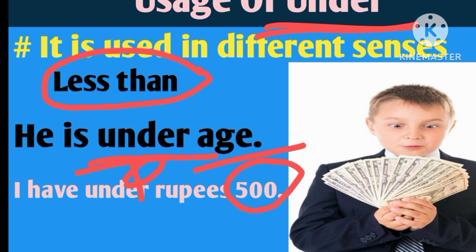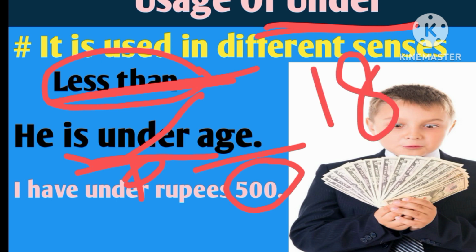Now this under means less than. Suppose for any kind of enrollment or any kind of activity we have to be 18 years old, but here the subject he is less than 18. Maybe he is 17 or he is 16. That means he is underage. So in this sense, that means he is less than 18, we can use the term under.